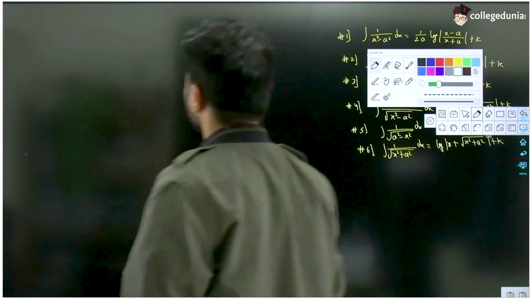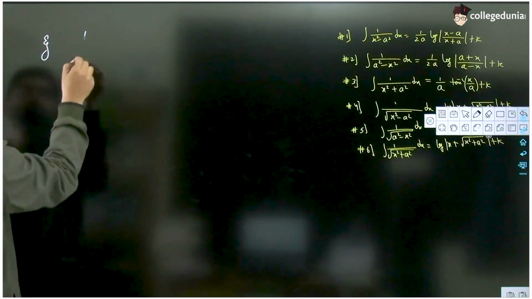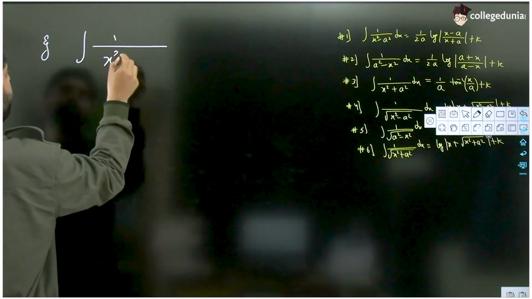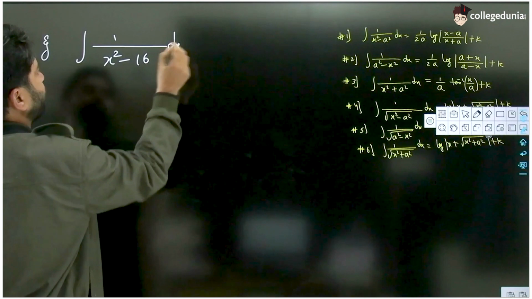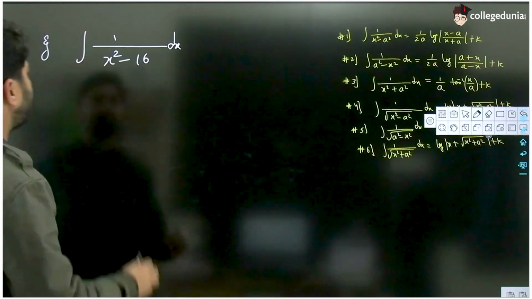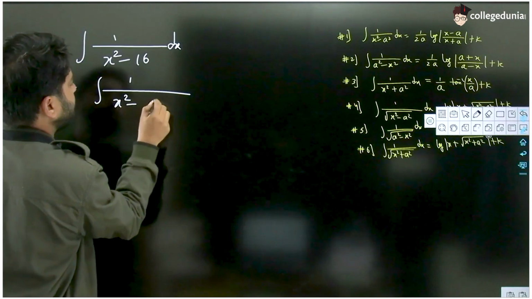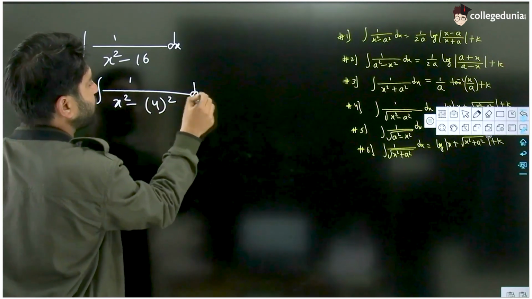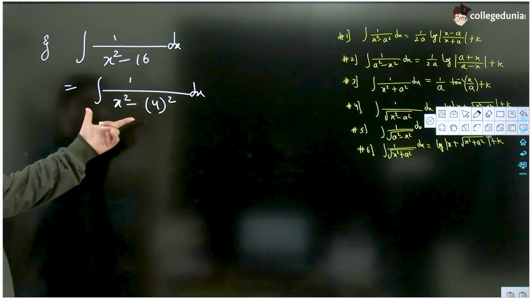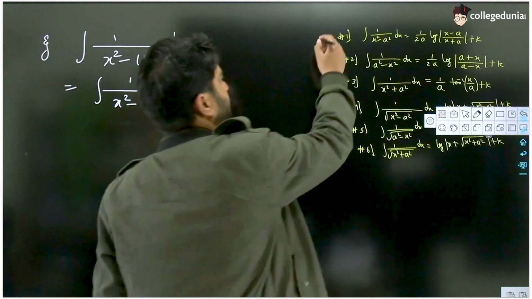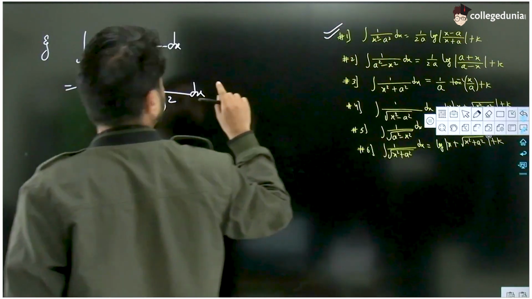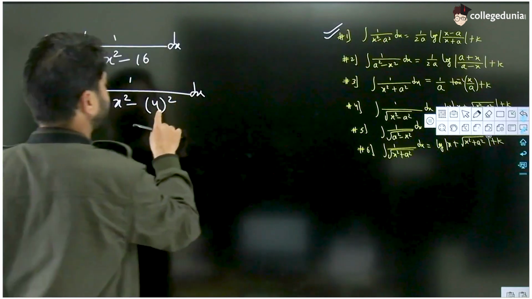Okay, let's say we have a question: 1 upon x square minus 16. Suppose we have 1 upon x square minus 16. This 16 can be written as the square of 4. So we can compare this expression with the first formula. The value of a in this situation is 4.